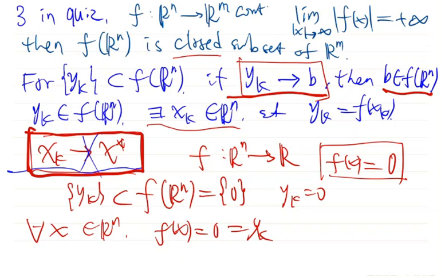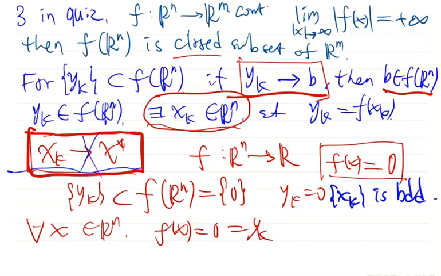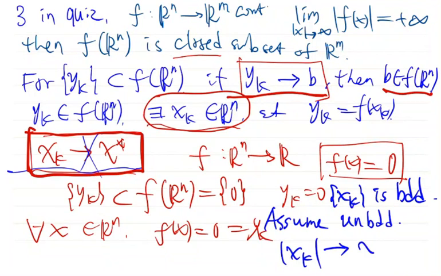Also in the proof of this problem, some students, after getting this x_k, want to prove that x_k is bounded. So they argue by contradiction. They assume x_k is unbounded. Then they say x_k goes to infinity.